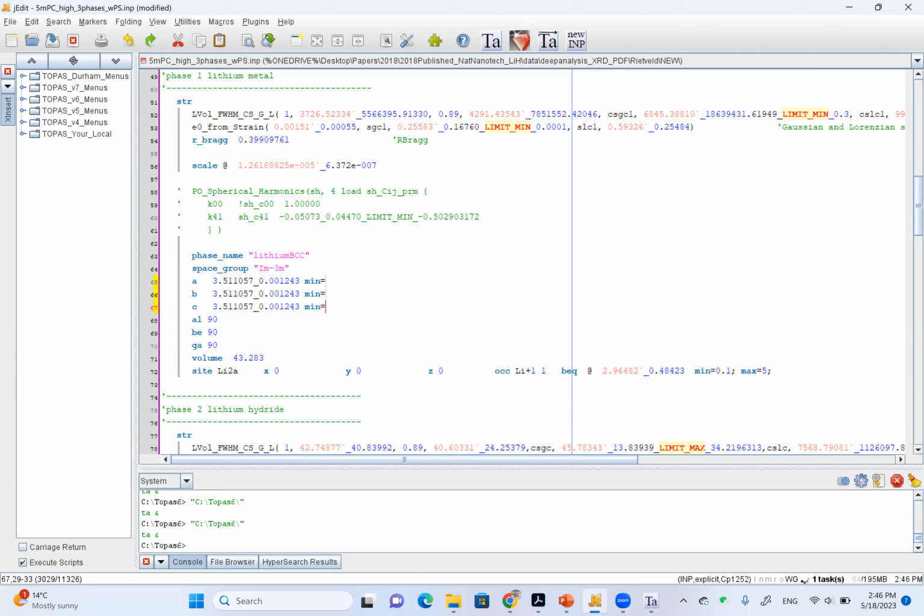You just also say the minimum is 3.5 and the maximum is 3.6. Okay, that's the way to limit the fit data range.